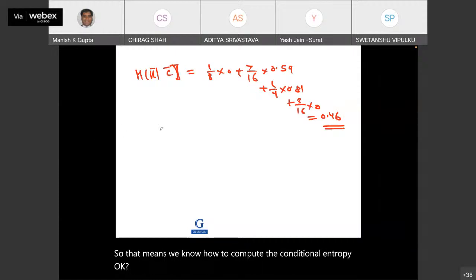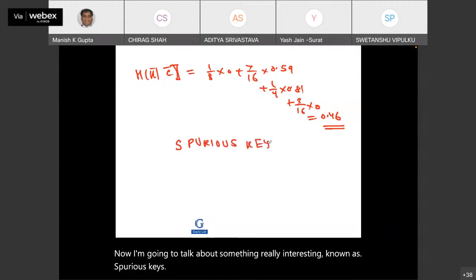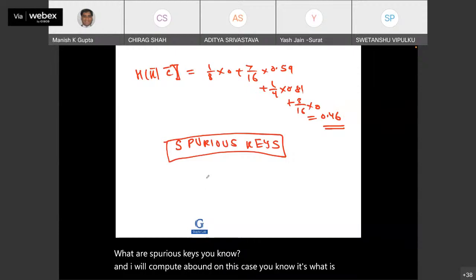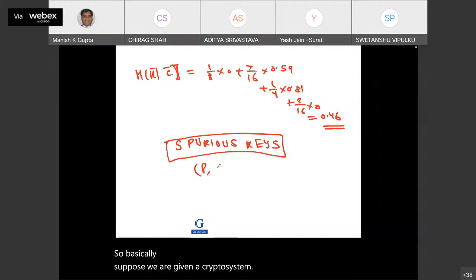Now I'm going to talk about something really interesting known as spurious keys. What are spurious keys, and I will compute a bound on these spurious keys. Basically, suppose we are given a crypto system (P, C, K, E, D).